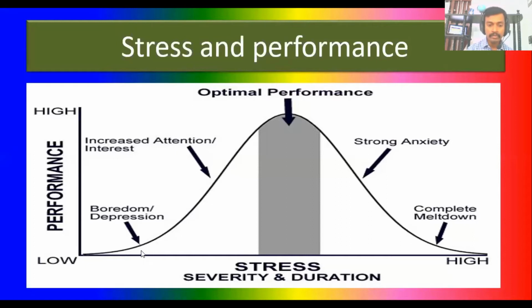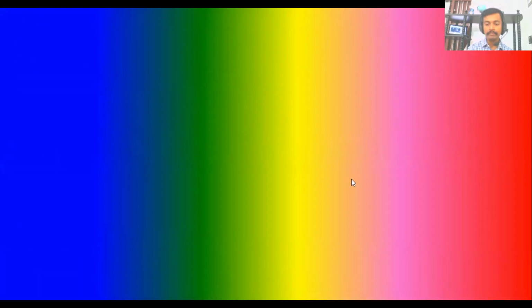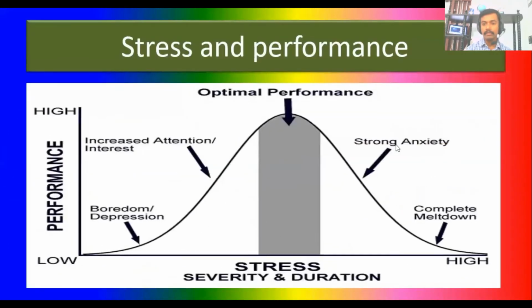Look at this point: there is less stress, and boredom and depression are experienced. But with increasing stress comes increased attention and interest, then optimum stress, which means the optimum level, which gives optimum performance. Then overstress: overstress causes declining performance, which causes anxiety.